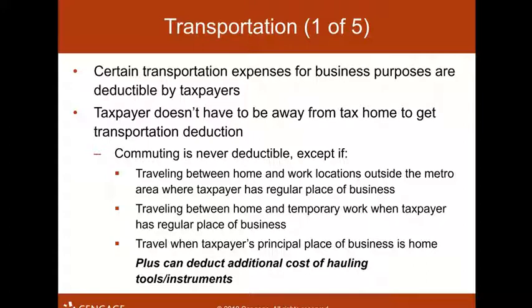So there are some cases here for transportation deduction even within the tax home. Commuting, when the taxpayer goes to work every day, is never deductible, which is mainly considered as personal transportation.